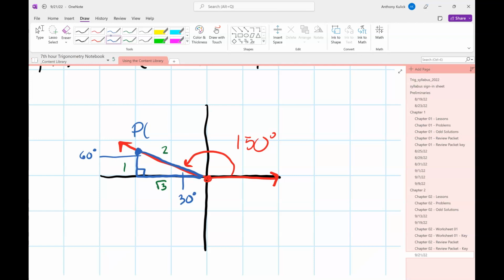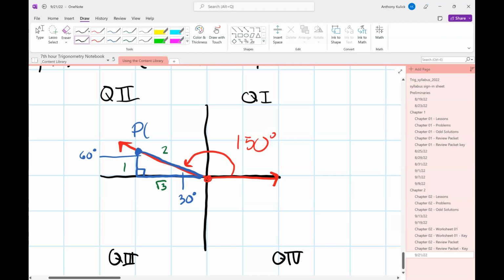What quadrant are we in right now? Quadrant 2, right? Remember back in Algebra 1, how we named the quadrants? In quadrant 1, the x's are positive or negative? Positive. And the y's are positive.